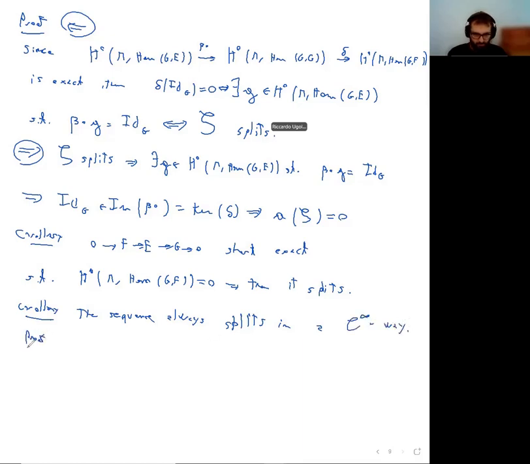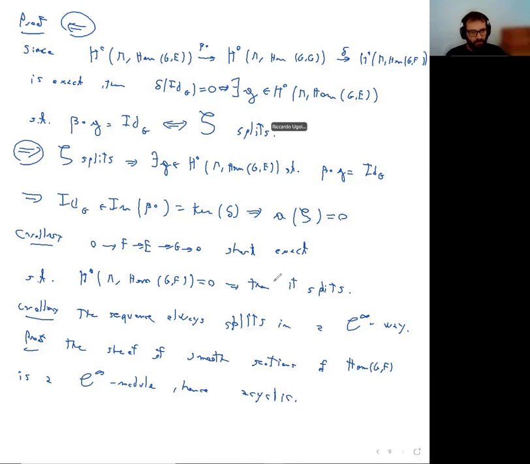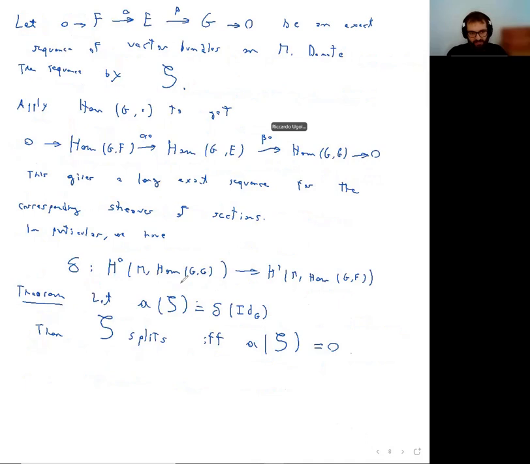The proof of this is that the sheaf of smooth sections of Hom(G, F) is a C-infinity module and it's acyclic. Okay, so this last thing also showed us that every time you have a short exact sequence of vector bundles, then this always splits in a smooth way.